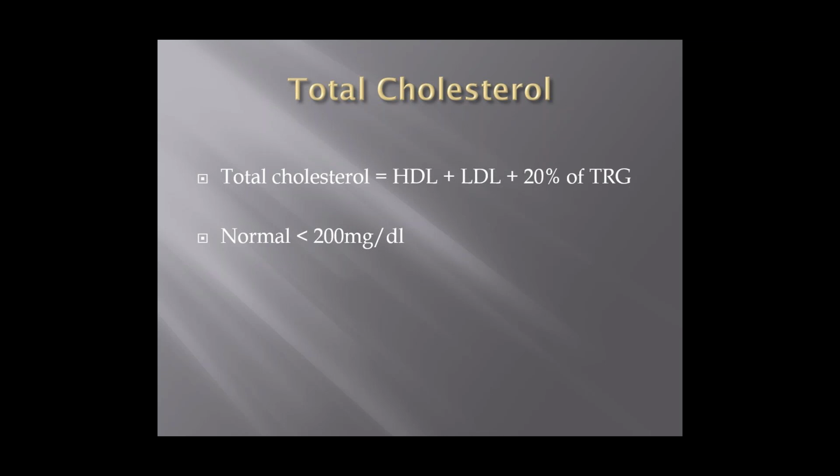So you can see where there would be different reasons for elevated cholesterol depending on what these other components are. Normally, in general, lowest risk is with a cholesterol level of under 200 milligrams per deciliter, so under 200.